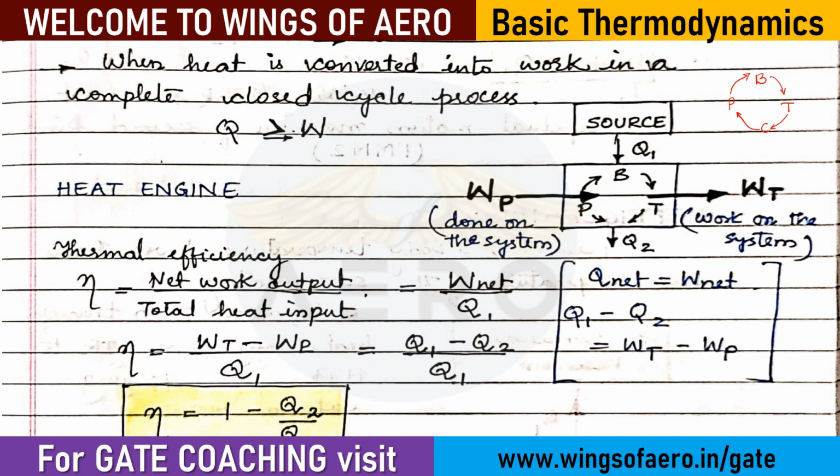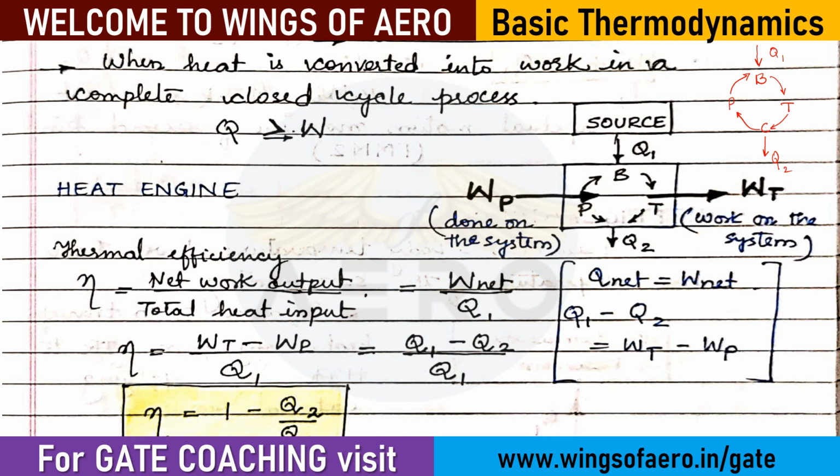The boiler is the point where the heat is added, which we consider as Q1. You see the direction: heat is entering the boiler. After this, which component liberates the heat? The condenser. Let's consider that heat Q2.